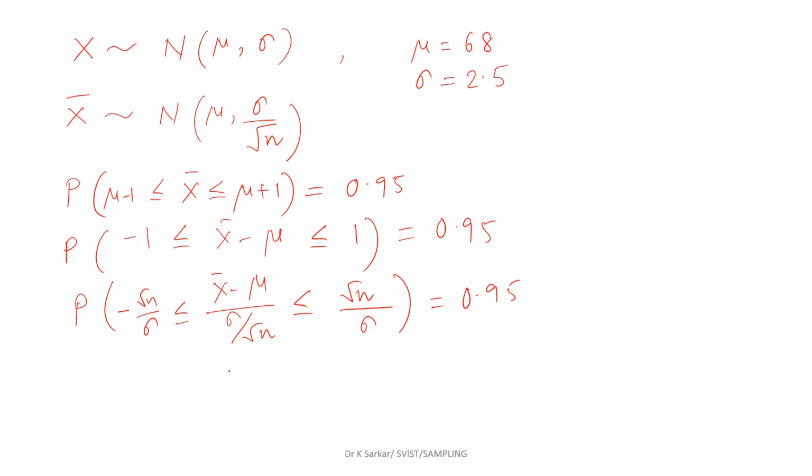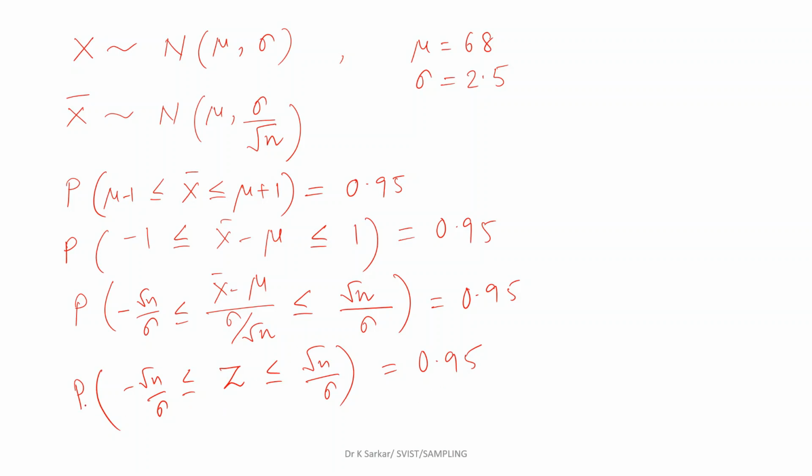Now this part is taken as the variate z, and it lies between minus root over n by sigma to plus root over n by sigma, which is equal to 0.95.